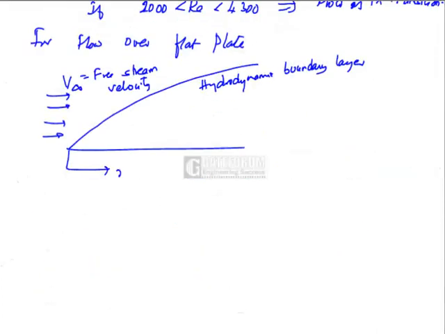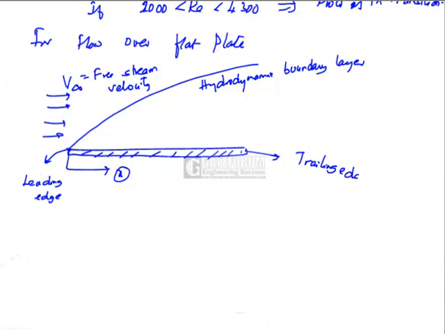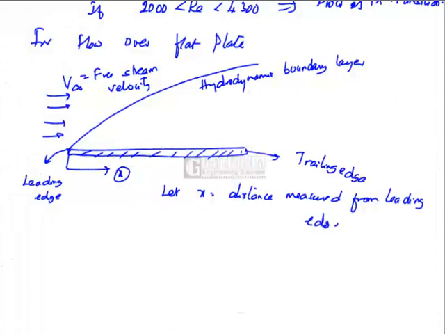This is the X, direction of X. This is called leading edge. The other end of the plate is called trailing edge. At any X measured from leading edge, let X be equal to the distance measured from leading edge.